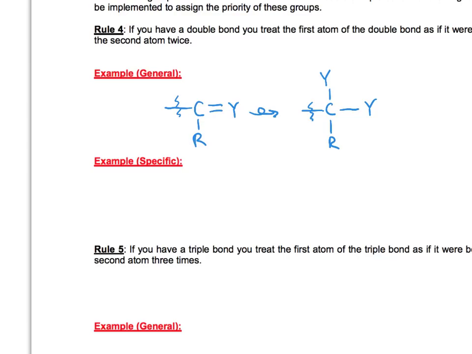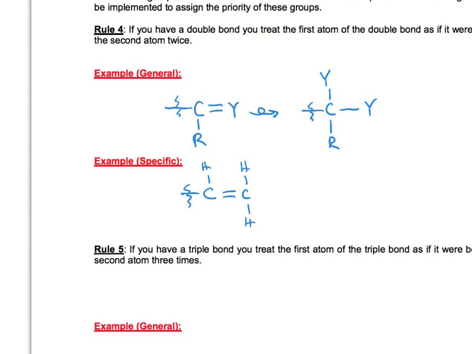So, a specific example, let's say we had something that looks like this. We've got this carbon atom. Here's where it's attached to the chiral center here. So we're moving in this direction to try to find our point of difference. And we've got ourselves a hydrogen, and it's a carbon-carbon double bond.